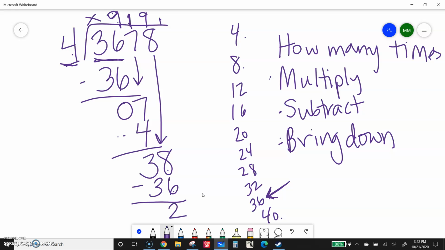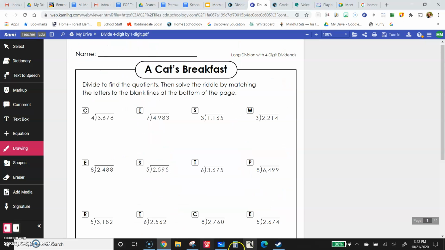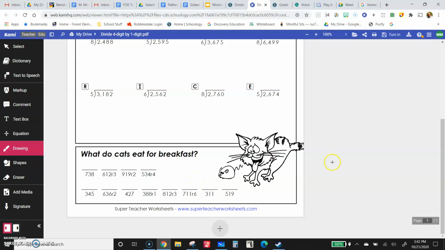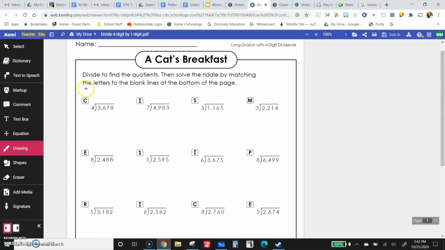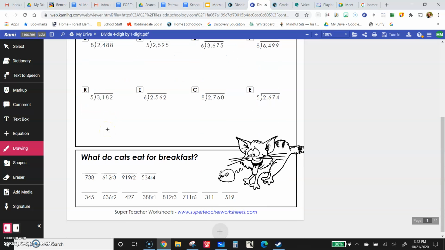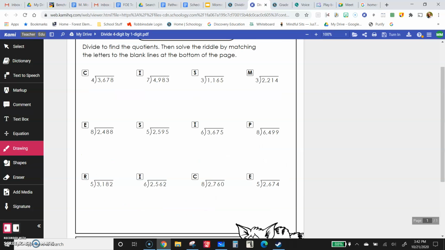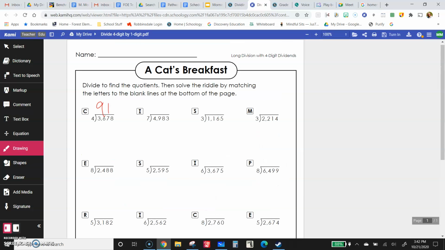So 919, remainder 2. Now, if you want to do the little puzzle at the bottom, you'd find 919 remainder 2. You'd look and say, okay, that's C. So then you would put a C on that line and then put your answer on there if you did it on a separate sheet of paper, which I'd recommend because there's not a ton of space on here.